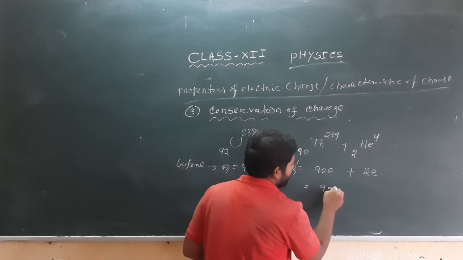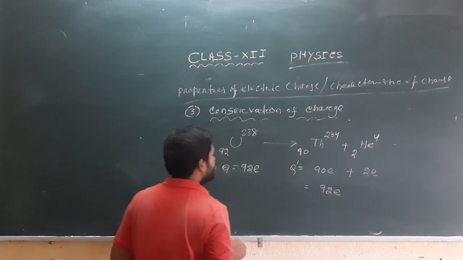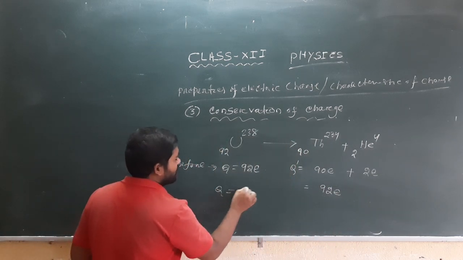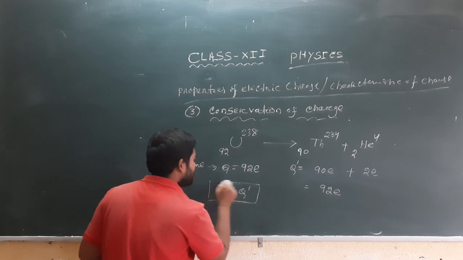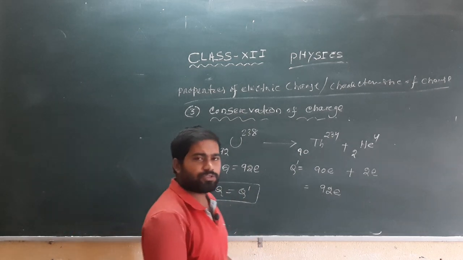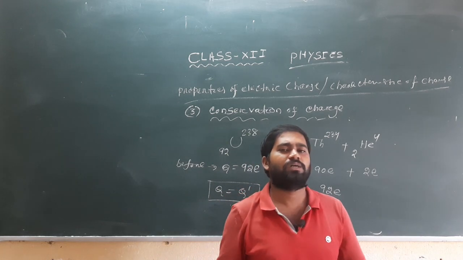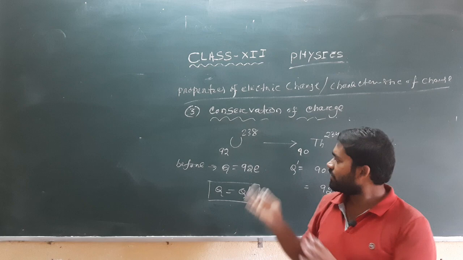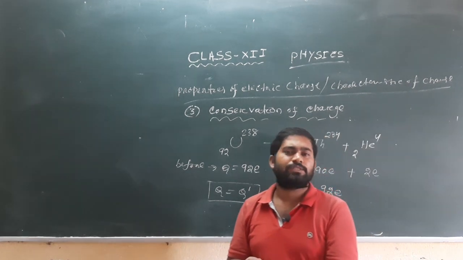So the resultant will be 92 e. So as per the reaction process, we find Q equals Q dash, meaning the total charge before the reaction is equal to the total charge after the reaction. That means total charge is constant. So that is called conservation of charge.